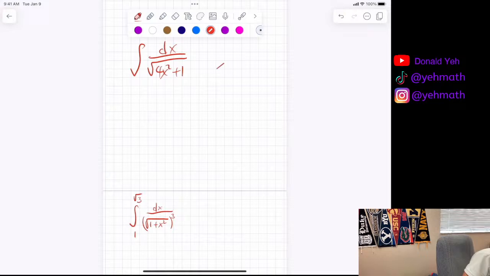So is this what you got? If I said x equal to whatever, so it would be equal to one.